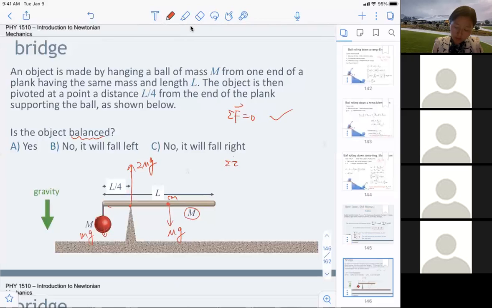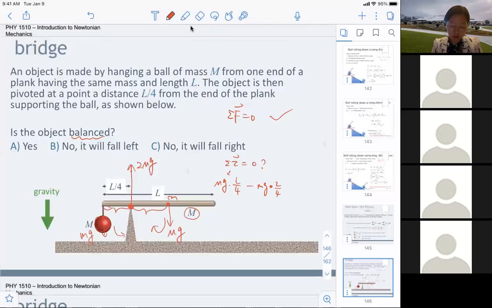What about the torque? Is it 0? Well, if we view our rotation relative to the pivot point, this mg is trying to generate a torque that is counterclockwise, and this mg is trying to generate a torque that is clockwise. One is mg times lever arm L over 4, and the other one is also mg times L over 4, right?